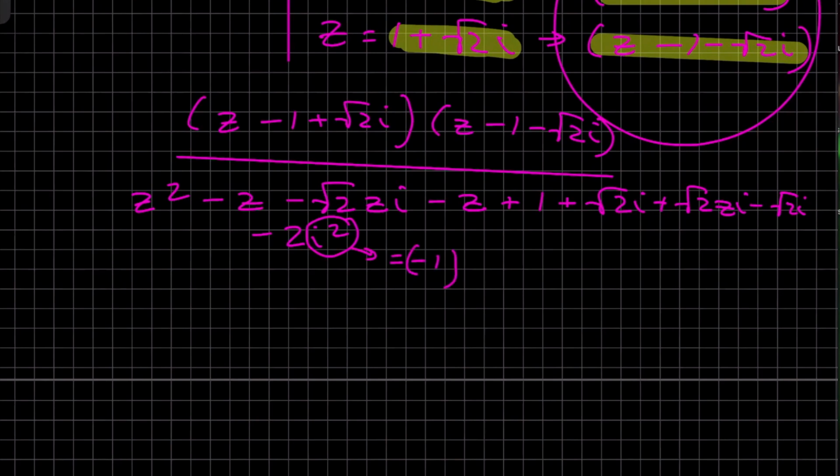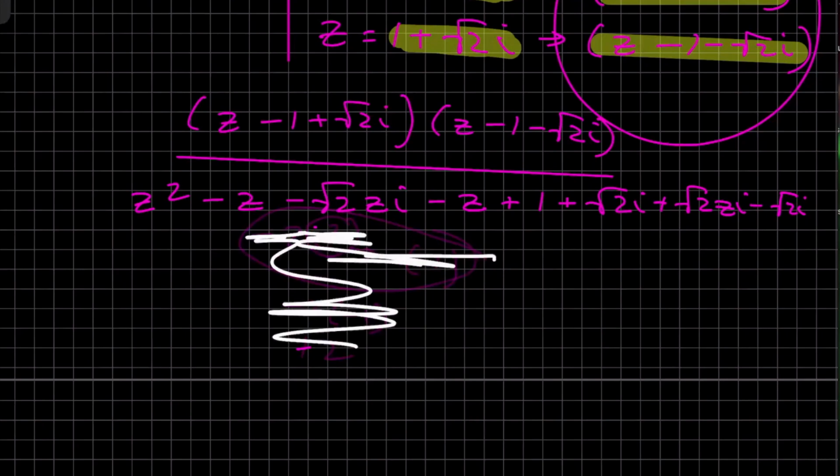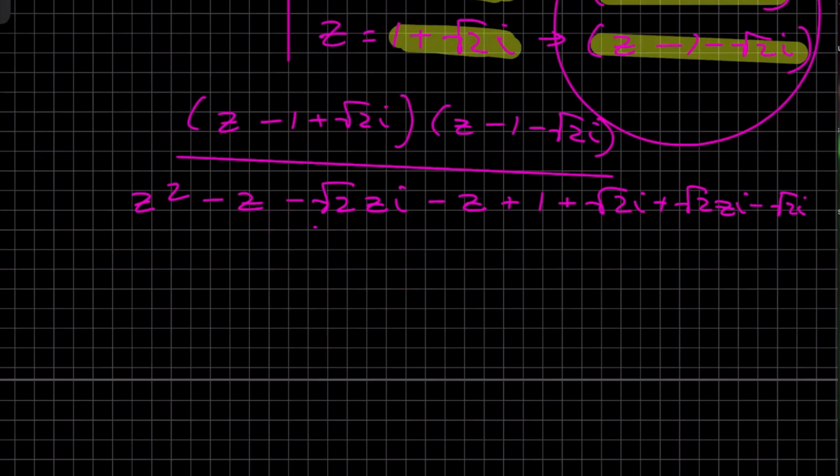So we can rewrite this term over here as −2 times negative 1, which is the same thing as plus 2. So let's do that now. Plus 2. Okay. If we begin to simplify this by grouping terms, we can see that these two cancel out and these two cancel out.